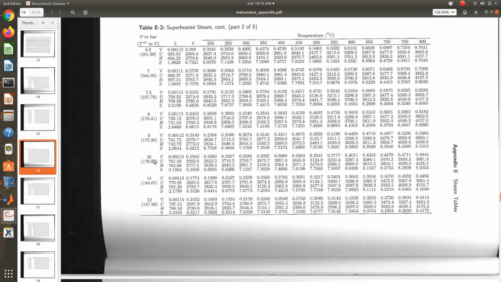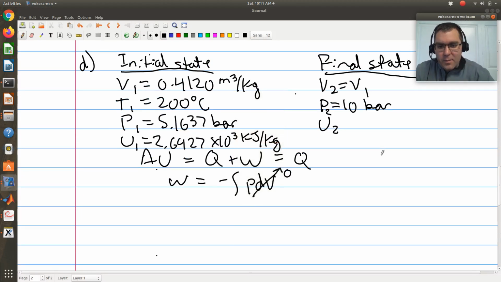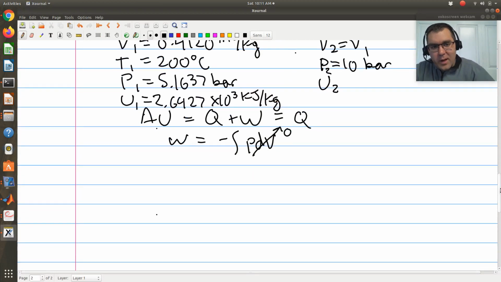Key is that at 10 bar, my specific volume is greater than that of the saturated vapor, so I must be superheated. Let's create a table, and we will interpolate and get T and U at the same time to solve both parts of the problem.